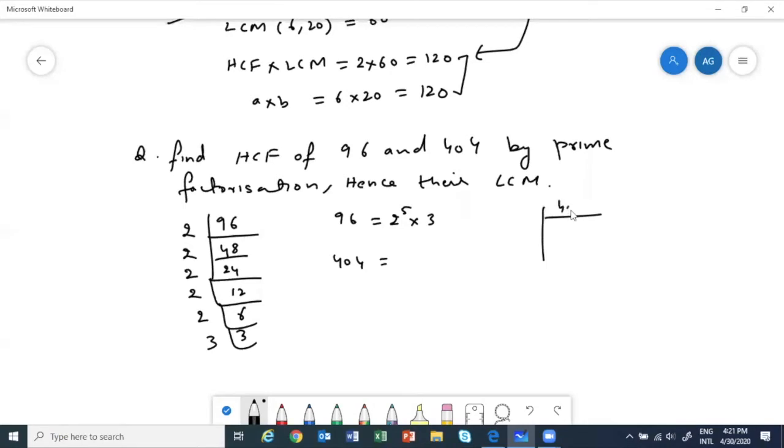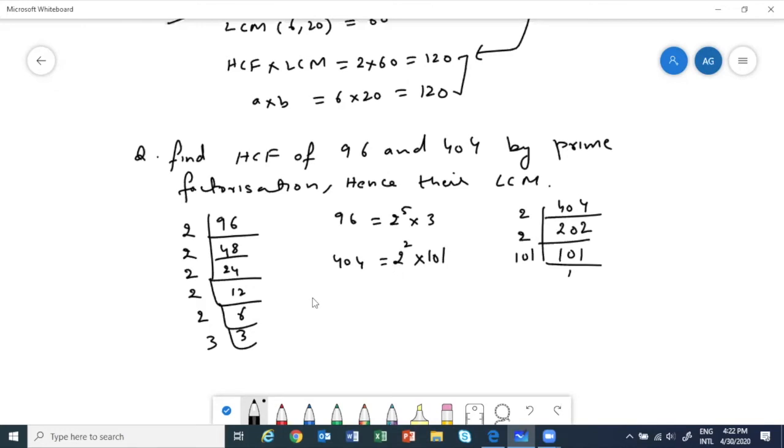Let me do here. 404 will be 2, 2, 0, 2. Then again 2, 1, 0, 1. So then 1, 0, 1, we can't solve further. Okay. So this 404 I can write as 2 square into 101.